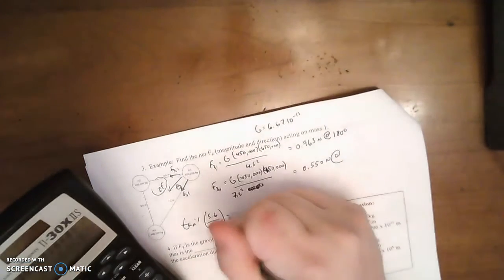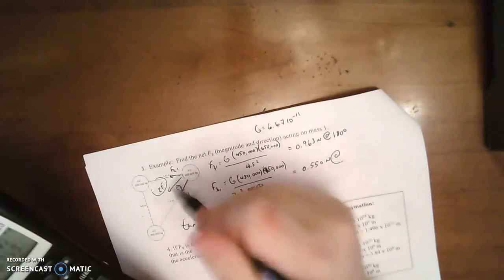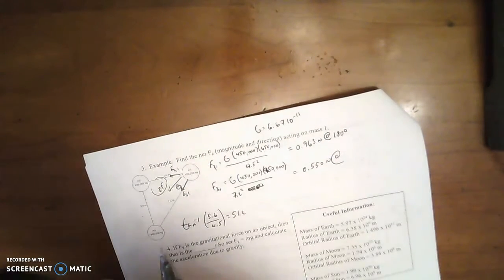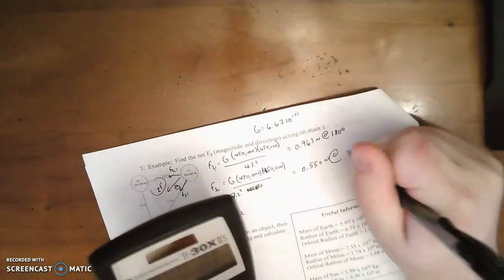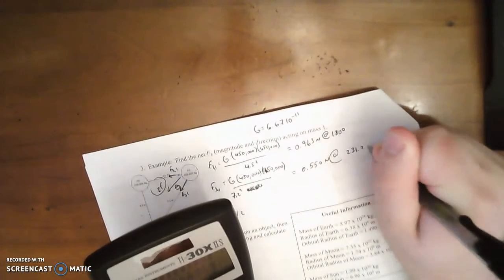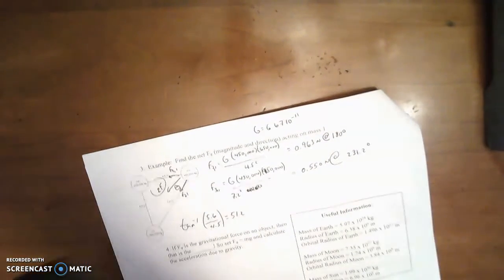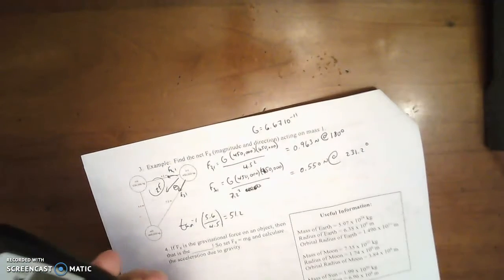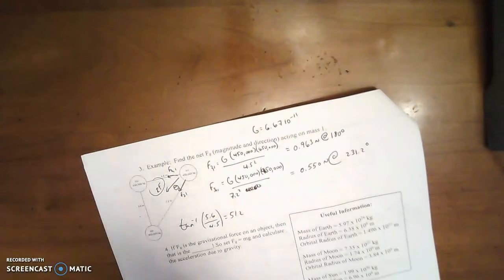And we get an angle of 51.2. Because it's 180 degrees, it's 51.2 degrees past that. So we'll add 180 degrees onto this and get an angle of 231.2 degrees.